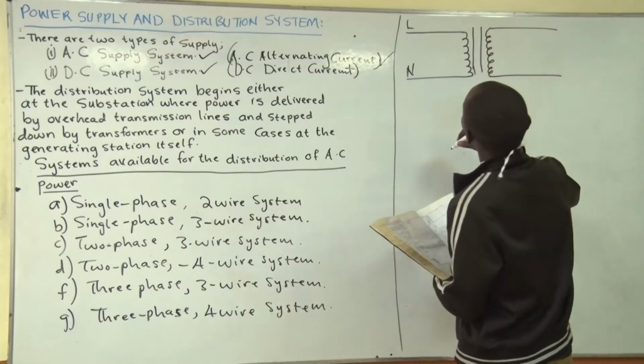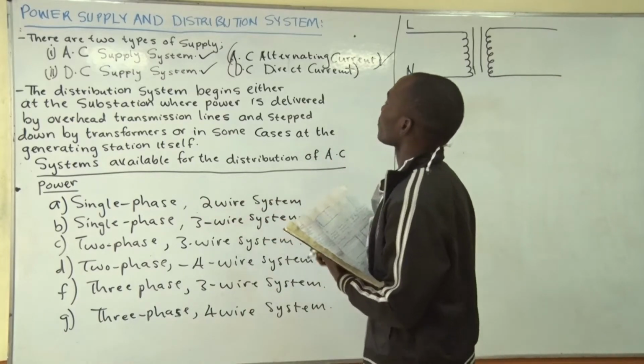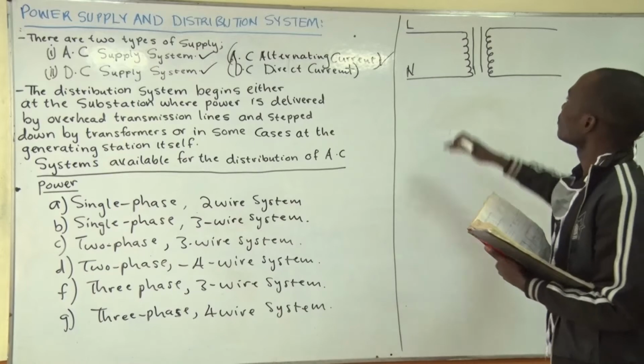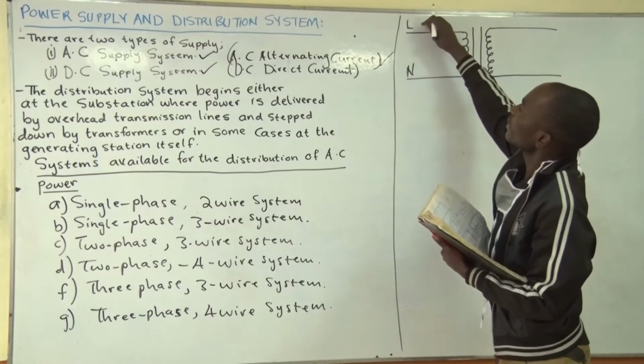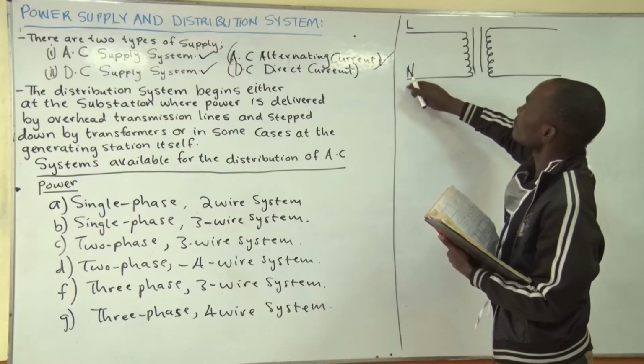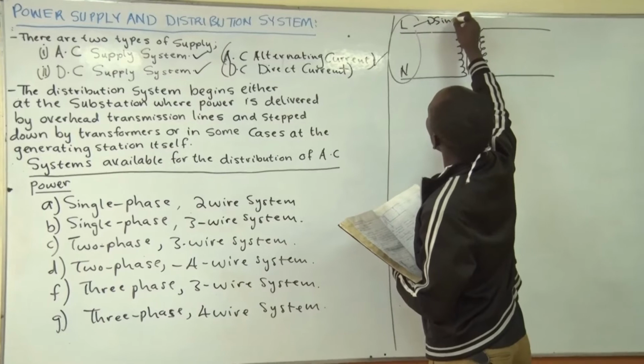You know that single phase consists of 2 wires, which is the live wire and the neutral wire. The combination of this live wire and this neutral wire gives us the single phase.